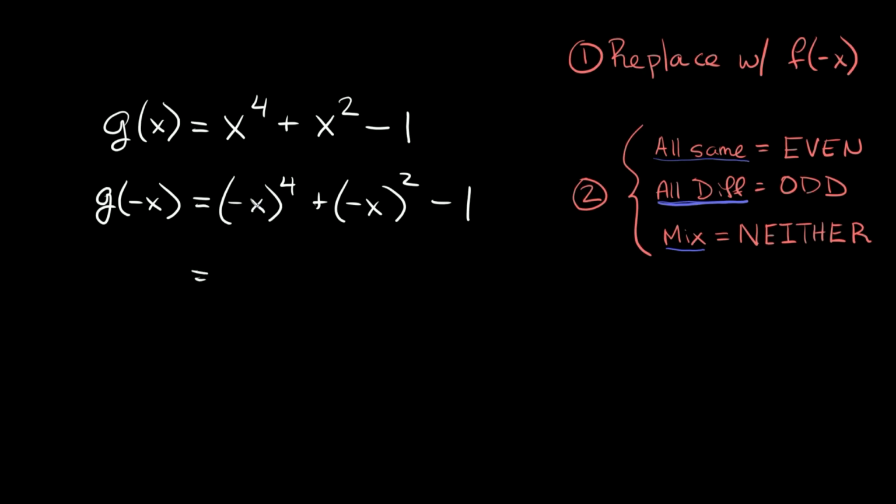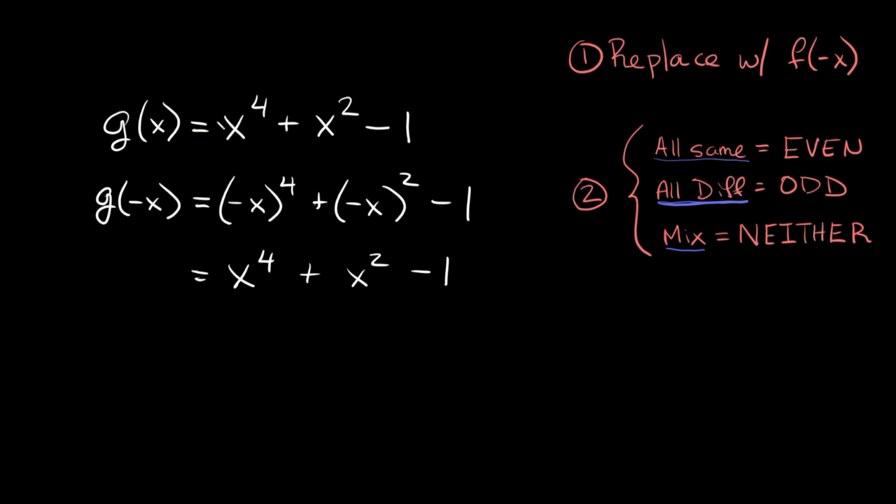Now, whenever we have a negative number or variable raised to an even power, then this turns positive, right? So negative x to the 4th is equal to positive x to the 4th. Same thing here, negative x squared would be positive x squared, and then we still have this minus 1 at the end, okay?